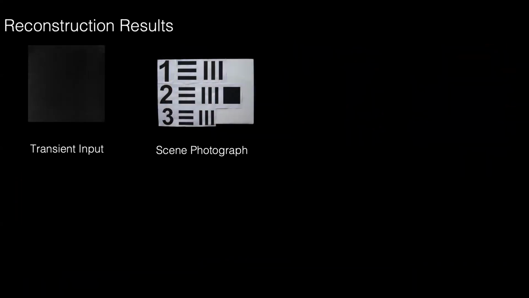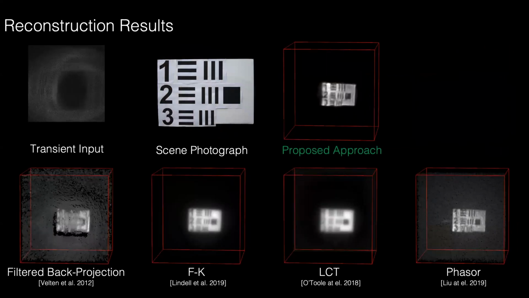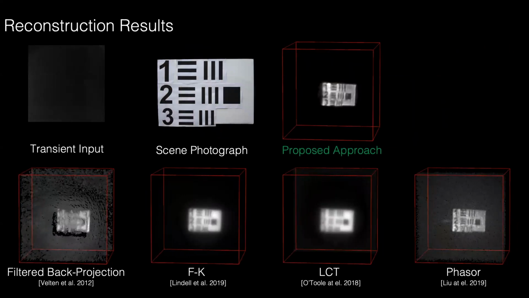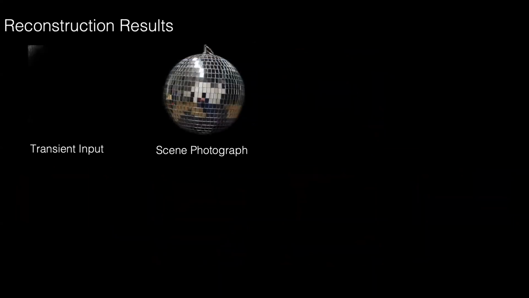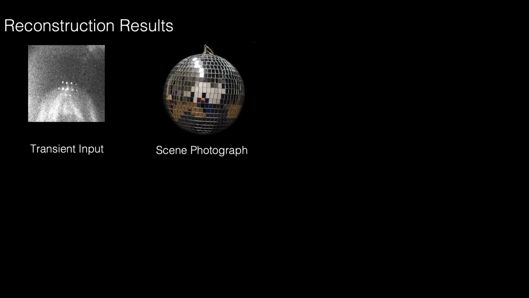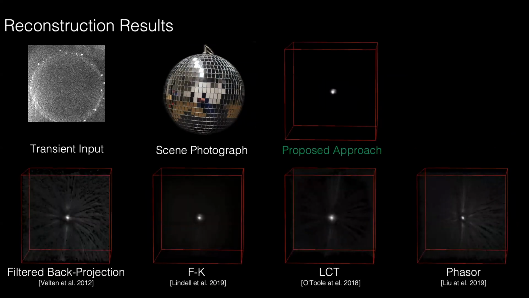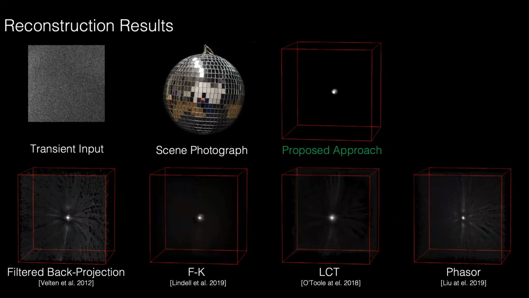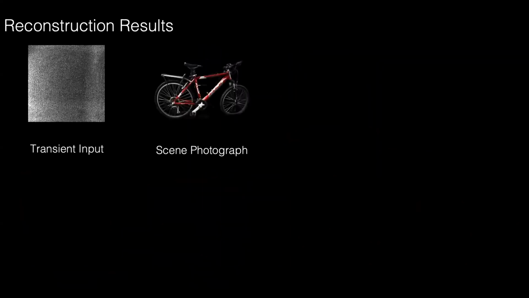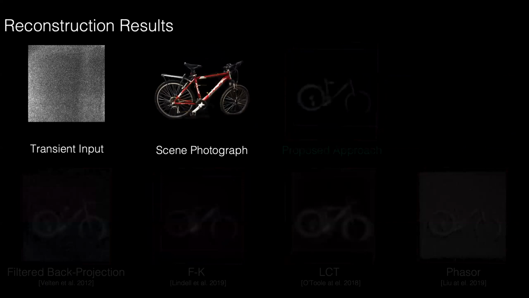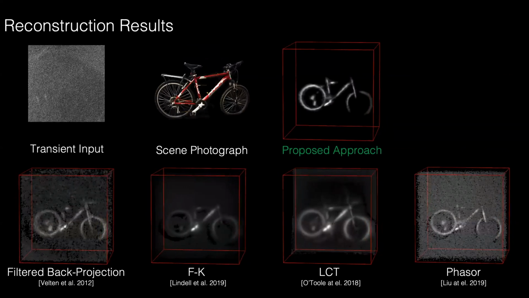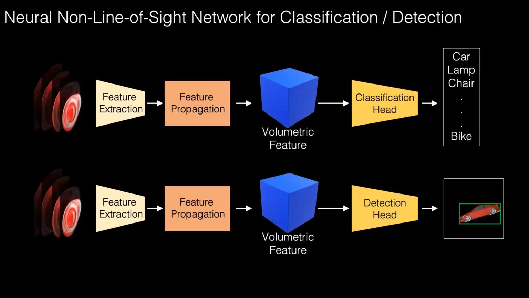This resolution chart shows that the proposed model recovers fine hidden detail, especially with low reflectance. The network also handles challenging scenes with varying reflectance. For example, this is a faceted disco ball. For all these out-of-distribution scenes, the proposed method recovers fine detail and clear object boundaries.